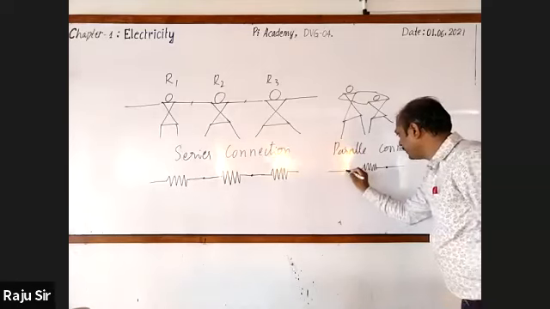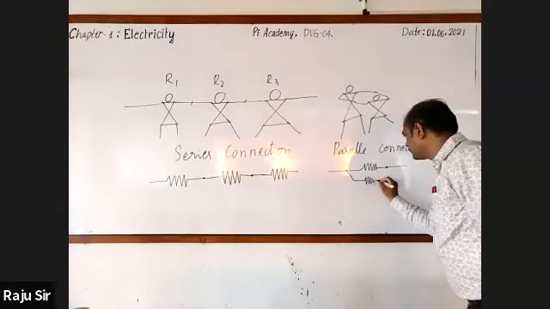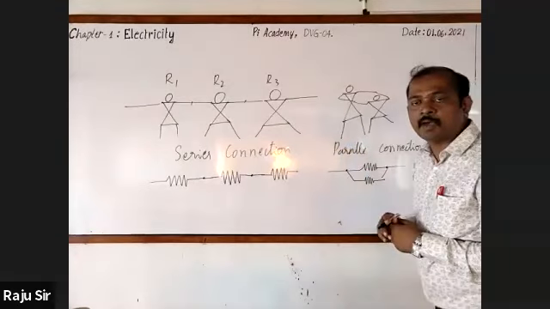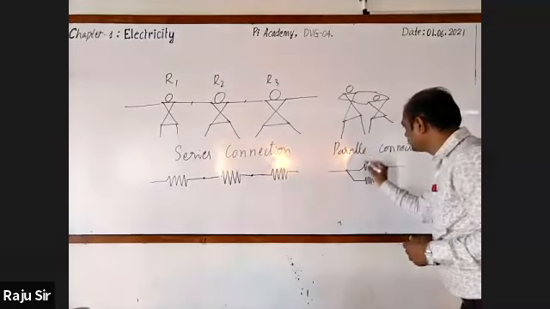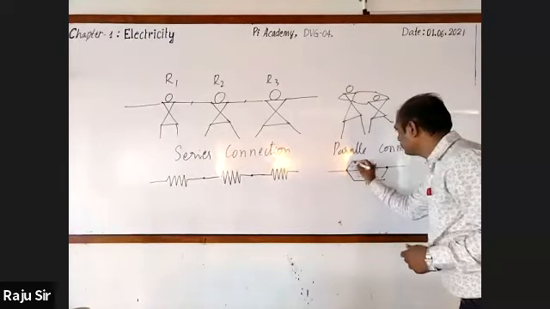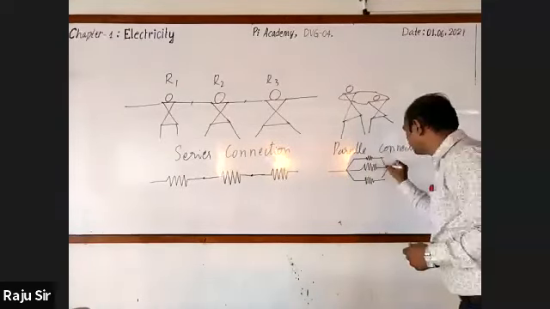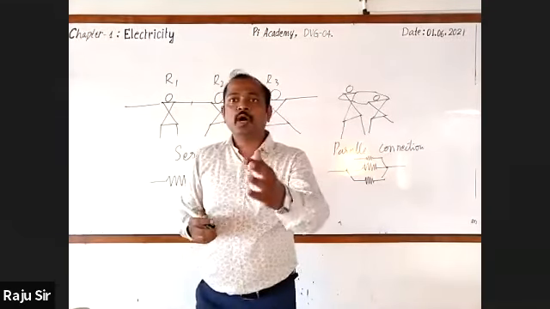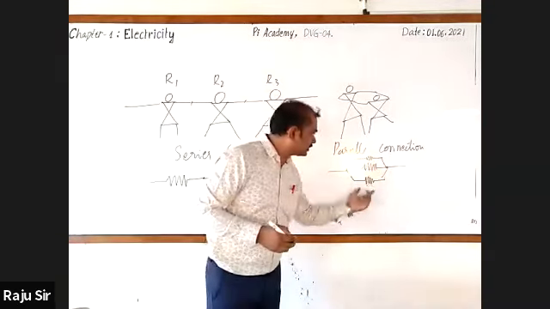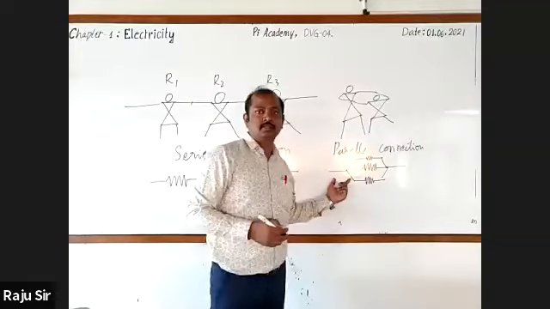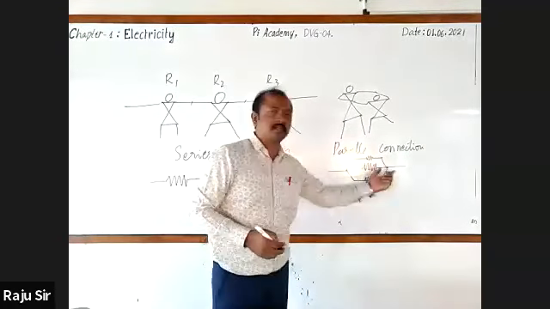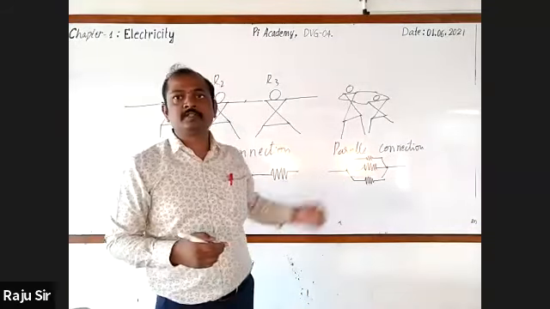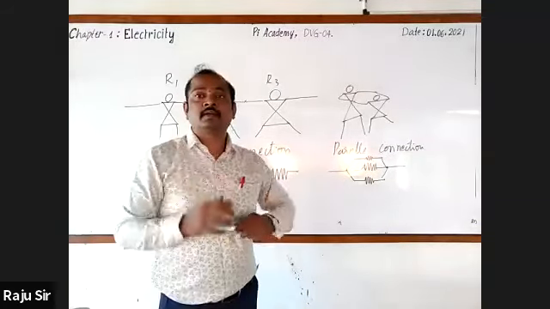Between these two same points, I'll connect another resistor. You can say that these two resistors are parallel to one another. Similarly, between these same two points, again you can connect one more resistor. If two or more resistors are connected between two same points, this type of connection is known as parallel connection.